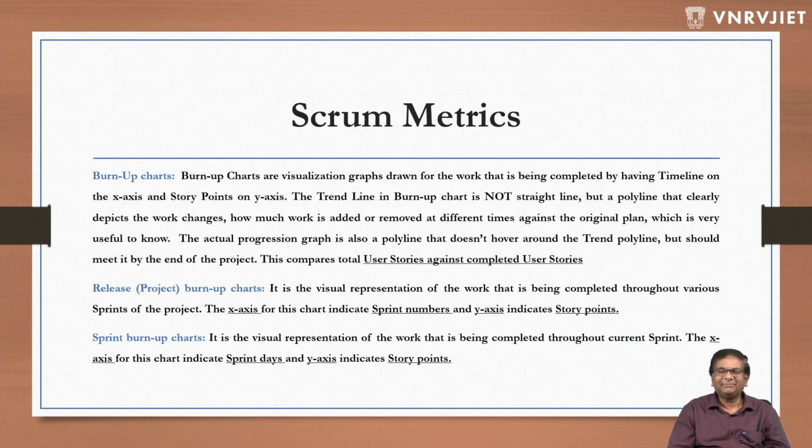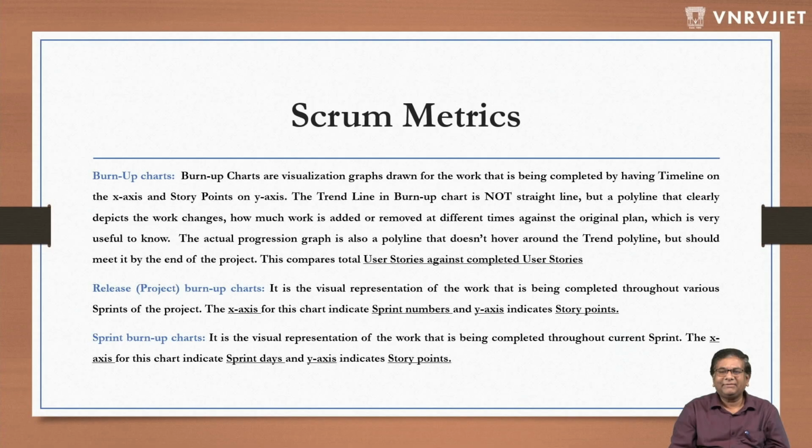So that's the reason most of the time we don't see burn up charts, but they are there, and you can draw them and show them. Even if there is a debate about why a team is not able to produce, the team can show this burn up chart and say, see, extra work is given to us. They can definitely argue on that.